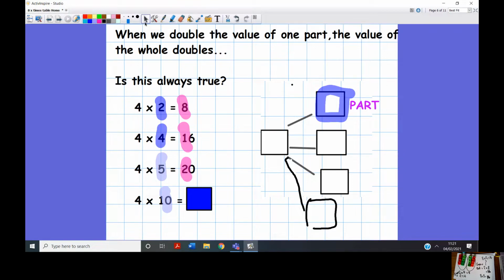The answer is 40. It's not 30, it's 40. Oh dear. The answer is 40, which means we have proved that this rule that we've been looking at makes sense.